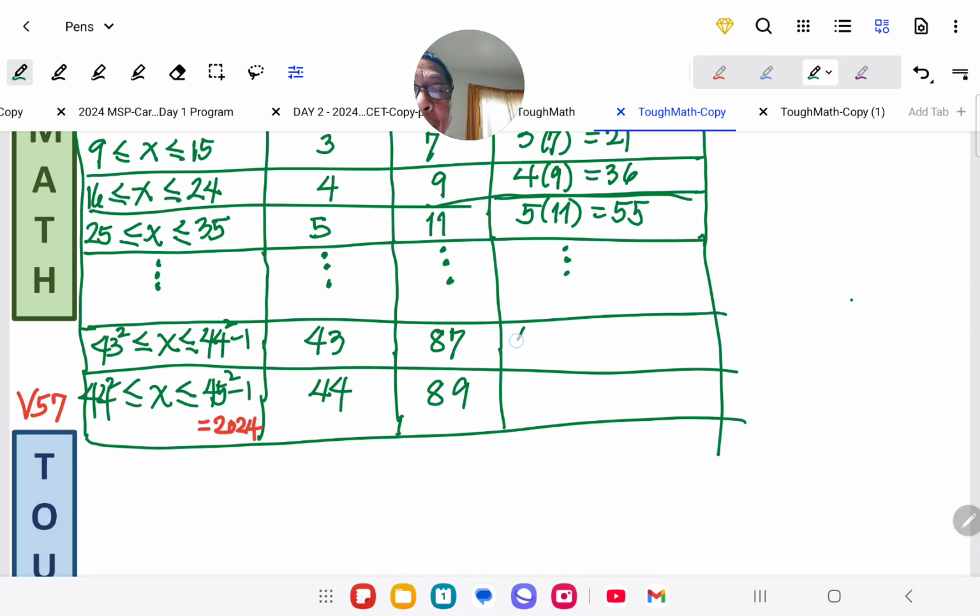And this number here would be 43 times 87, which is equal to 3,741. And this number here would be 44 times 89, which is equal to 3,916.